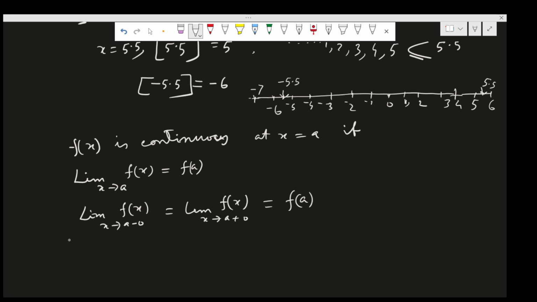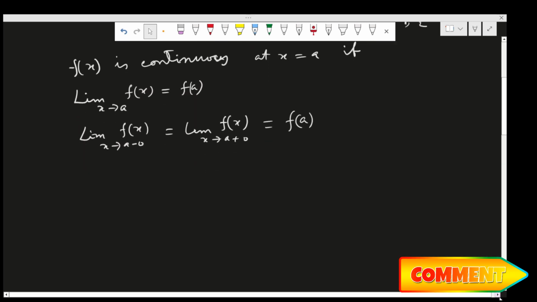What we have done here: limiting value of f(x) when x is approaching from less than a, and limiting value of f(x) when x approaching towards a from greater than side, is equal to function value at x is equal to a. Now we will discuss this for the case of greatest integer function, that means box x function.